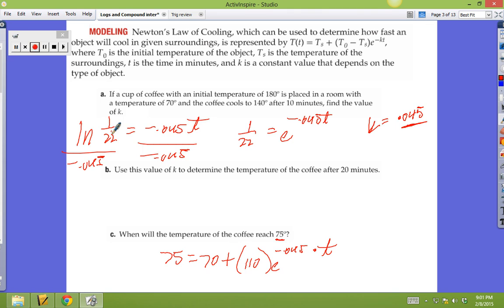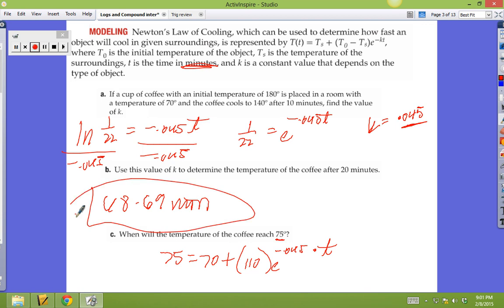Okay, I hit enter, and I get 68.69, and that's t, so that's minutes, because this formula is in minutes. So it takes a little more than an hour and 10 minutes for a 180-degree cup of coffee to cool down to 75 degrees if it's sitting in a room of 70 degrees.